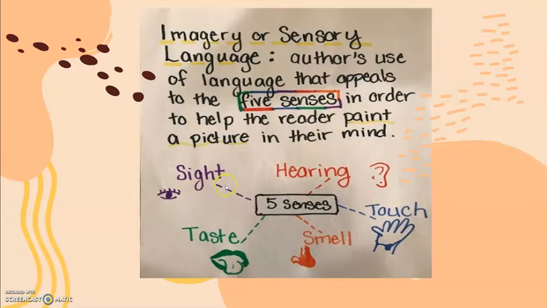We're talking about words that tell us what something looks like, or sight; words that tell us what something sounds like, or hearing; words that help us know what something feels like, which is touch; words and descriptions that help us know about smell; and last but not least, words in the description that help us know how something tastes.